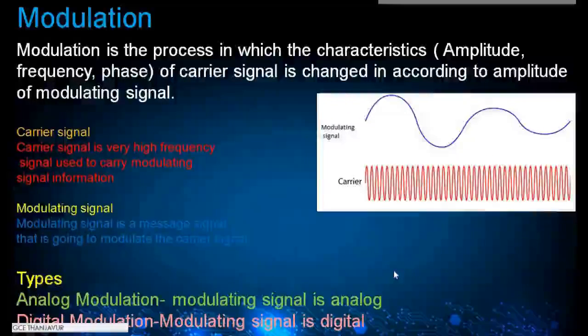So here the characteristics of the carrier signal are changed according to the amplitude of the modulating signal, that is called modulation. There are two types of modulation: analog modulation and digital modulation.